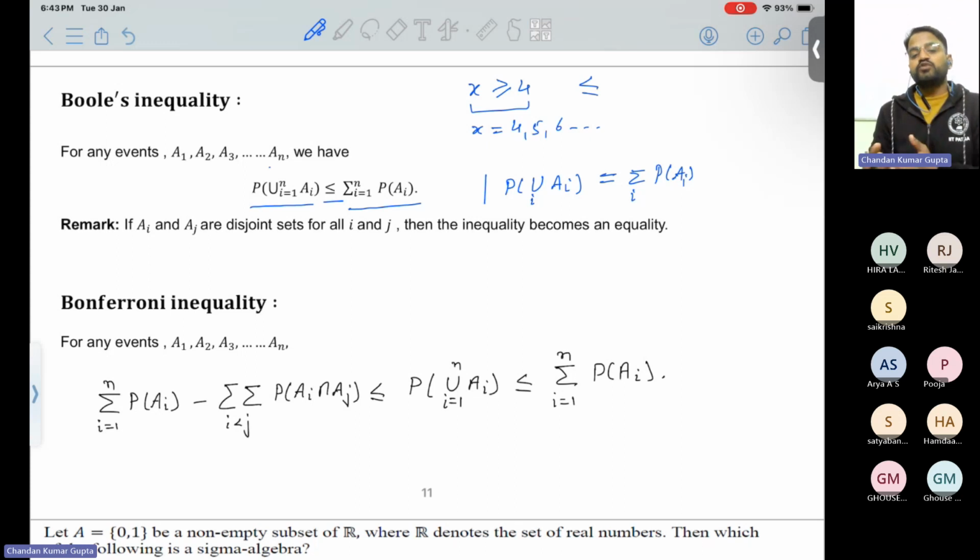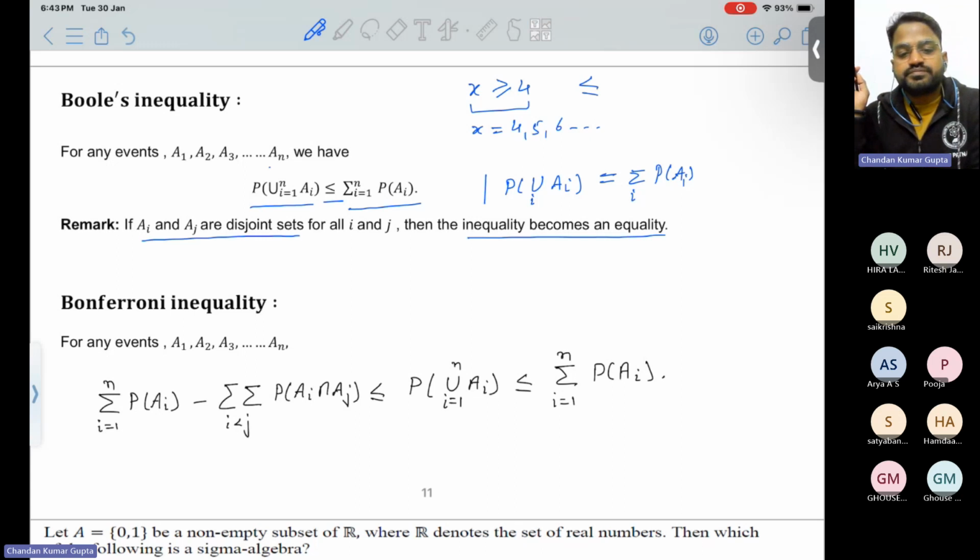So the maximum value of the probability of the union of Ai must be equal to the sum of the individual probabilities of the events. Either that is equal to this, or it must be less than this. I have already written a remark: if Ai and Aj are disjoint sets, then the inequality becomes an equality.